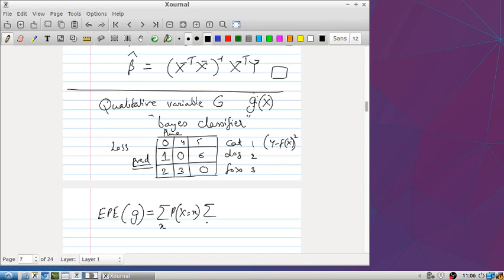So I'm going to say sum over little k from 1 to 3, in this particular example, the probability that my prediction function is equal to the class k, given x is equal to little x.